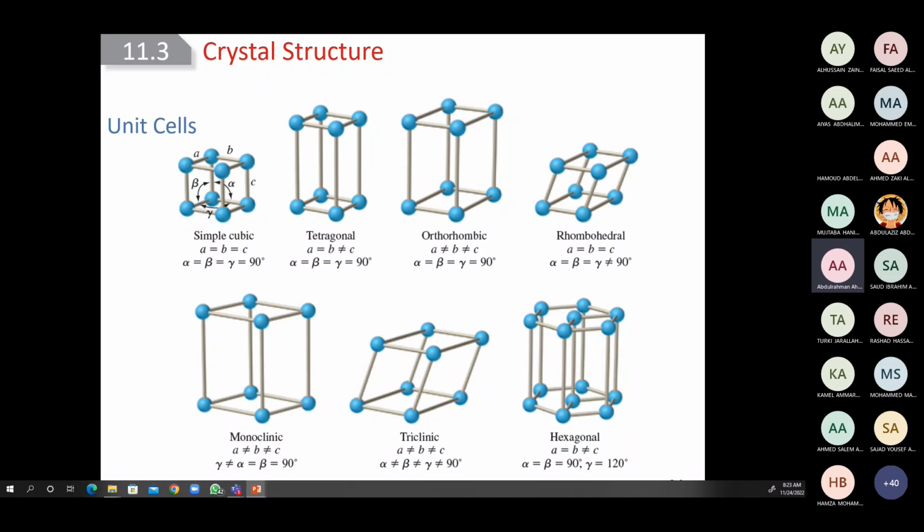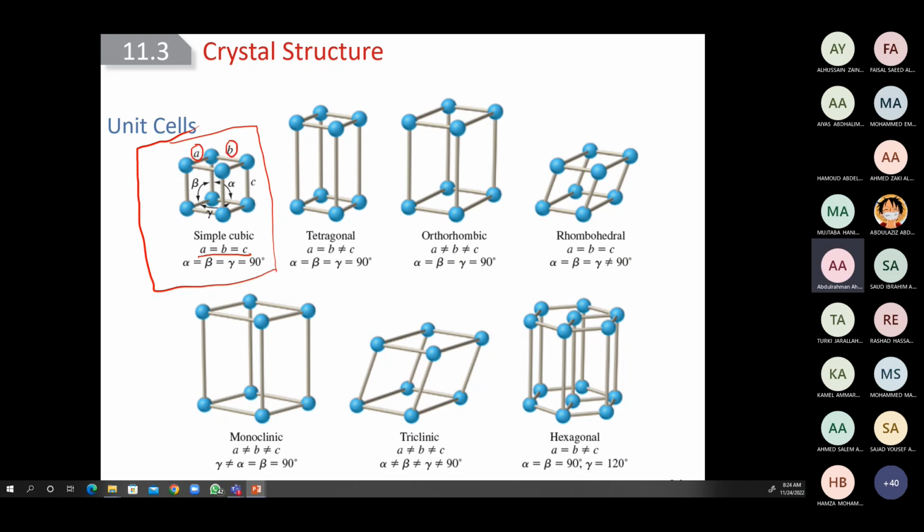Don't memorize any of these except one, which is the one I care about and want you to know. What is this structure called? Simple cubic. Yeah, in this case it's simple cubic, but it's cubic in general. What's the property of cubic? All the rods are the same length. A equal to B equal to C. That means the distance between each lattice point is the same.